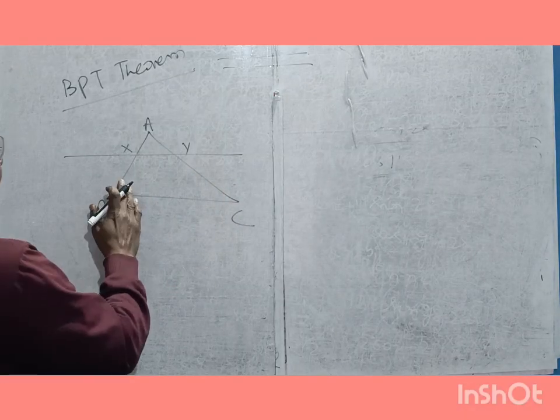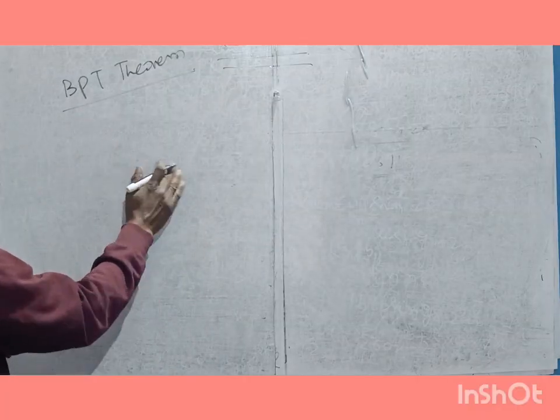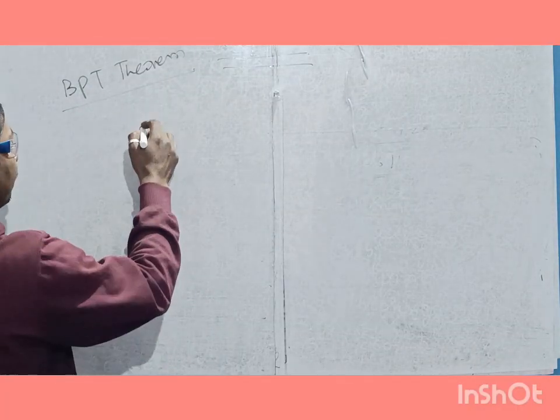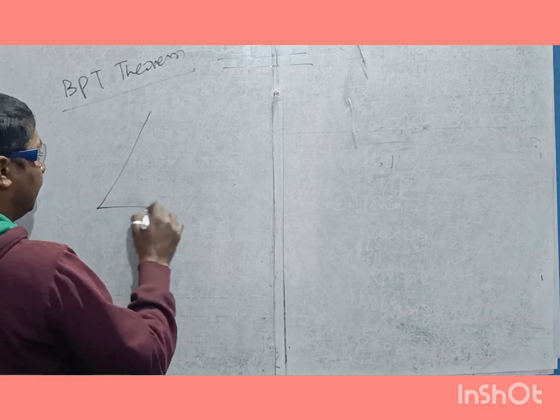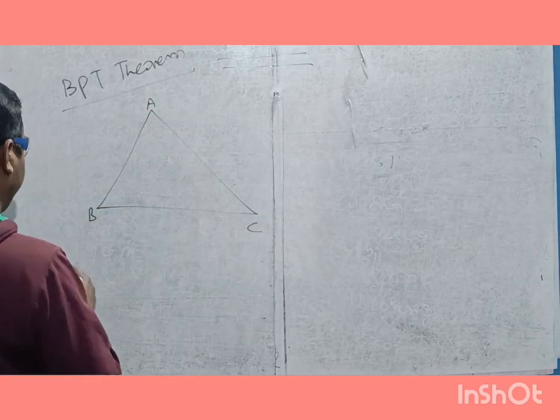So, first, we have to draw the diagram as per instruction from the theorem itself. Let ABC be a triangle.